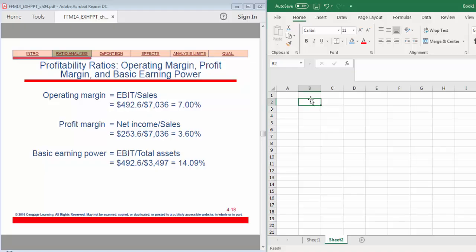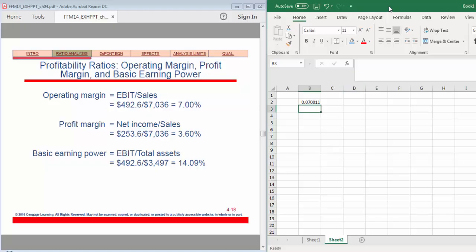In the case of operating margin, it's earnings before interest and taxes, which is 492.6, coming from the income statement again, divided by total sales, which is 7036. So your earnings before interest and taxes compared to your total sales is 7%.